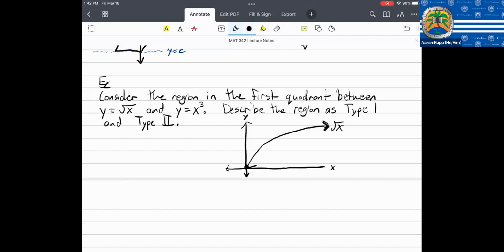So y equals x cubed, we know goes up, because as I start cubing numbers, they get extremely large. But think close to 0. What happens if I cube 1/2? What does it become? 1 over 8.